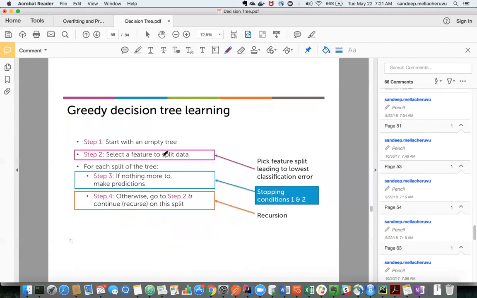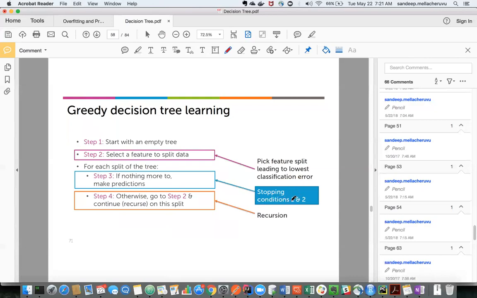So I think we solved all the problems of how to create this decision tree learning. We found how to split the feature. We know that there are many metrics. What we used is the classification error, which is the fraction of mistakes that you are making. And when to stop? We have stopping conditions 1 and 2.